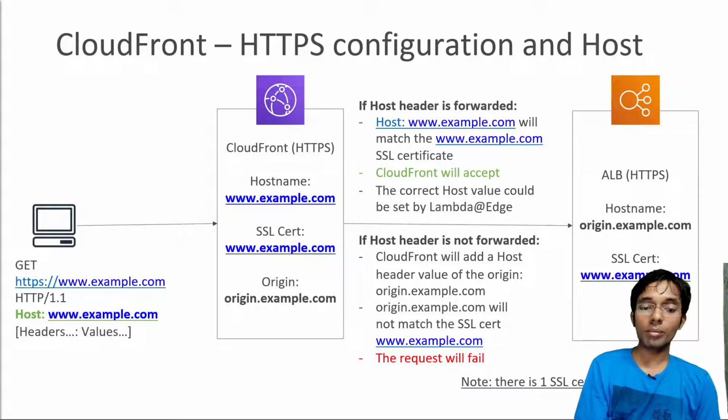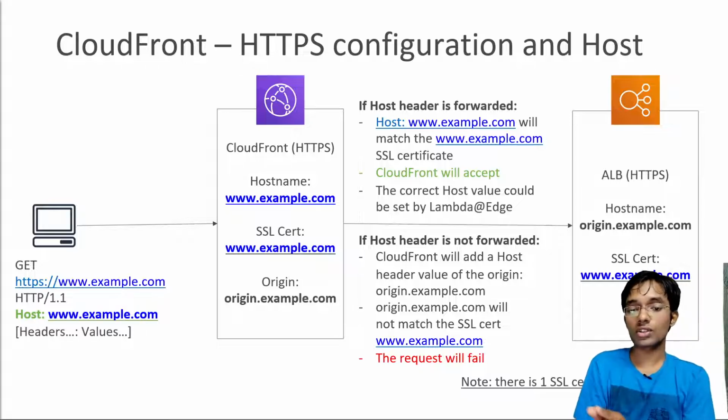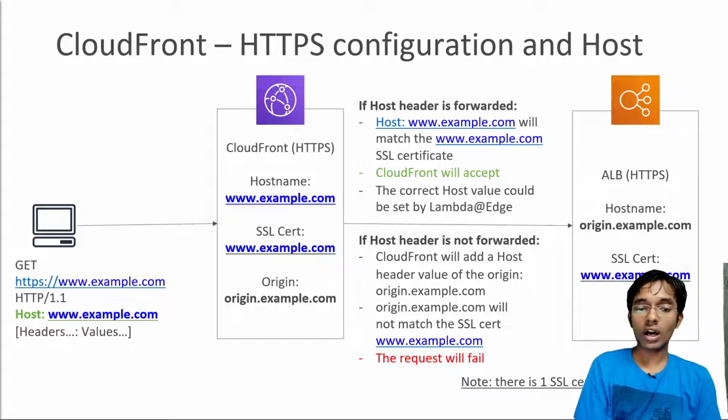So you may be asking, here is now the weird case, because if we try to reach the host name, then things are not going to work. And I'm saying yes, in some cases it will, and no, in some cases it won't. So if you forward the host header, so if the host www.example.com from the client gets forwarded to the application load balancer, then it will match the SSL certificate on the application load balancer, and that's a tricky bit to see.